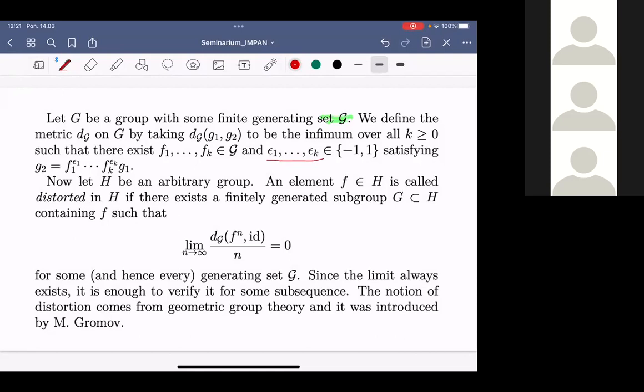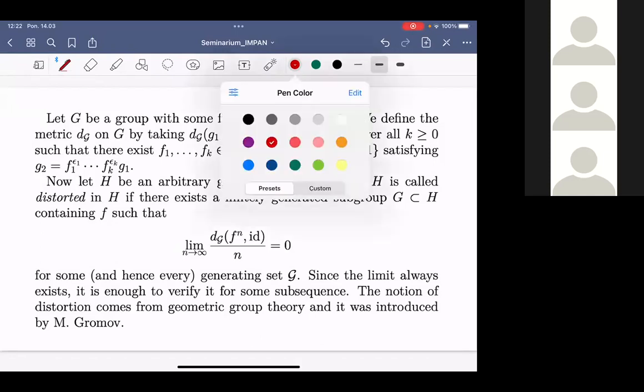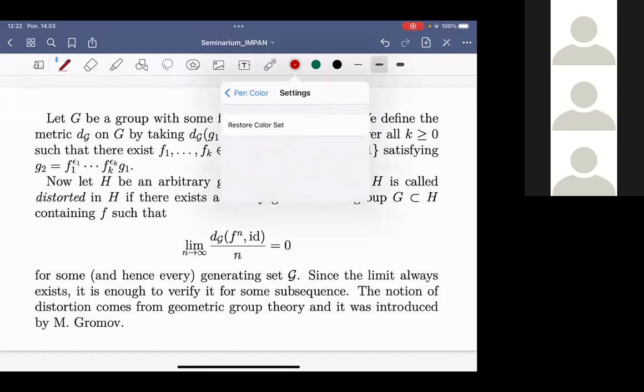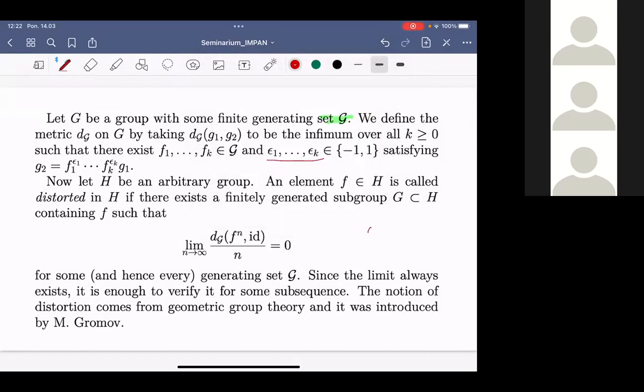If H is an arbitrary group, because we assumed that G is finitely generated, but now we can assume that H is arbitrary, an element, say f, from this group will be called distorted in H if there exists a finitely generated subgroup G, with f in this subgroup, such that the length of the iterates of this element f grows sublinearly in n.